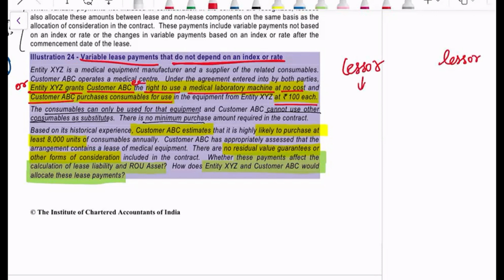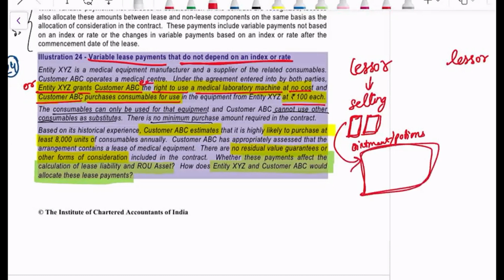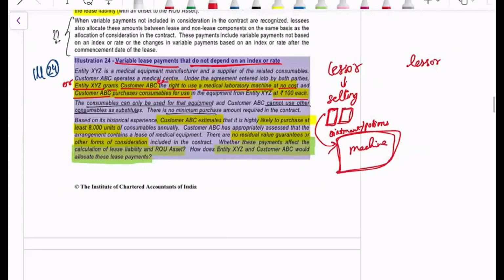What they sell as their product actually is, suppose, some ointments or lotions or some potions basically, which are consumables. These can be used in a laboratory machine. So the lessor has given this machine to the lessee at no cost, for him to just use it.